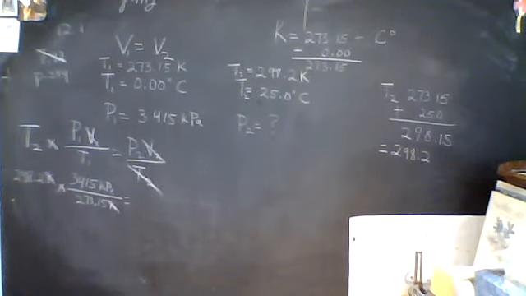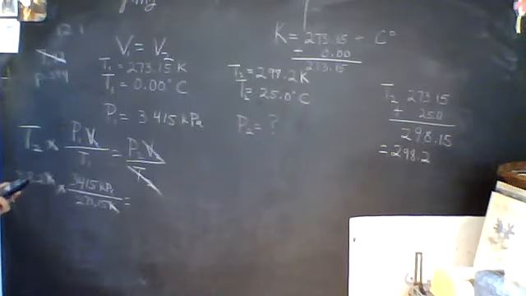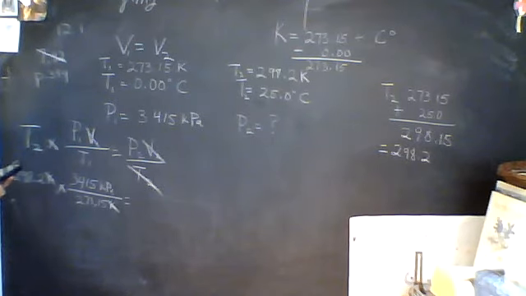Let's say you're on the calculator. I'm doing the calculator today. 298.2 times 3415 equals, it's over a million, divided by 273.15 equals.